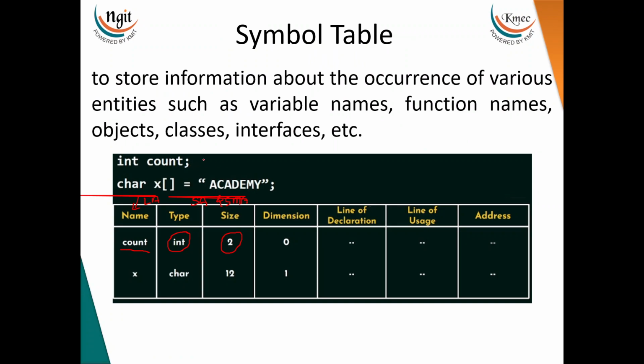And if other tokens are detected, then it will automatically update the literal table, which is connected with the symbol table. So first it will search the symbol table. If not found, it will go for what? The literal table, like that. So each and every phase interacts with the symbol table, but the symbol table interacts with the literal table, gets the information and supplies it back to the appropriate phase.